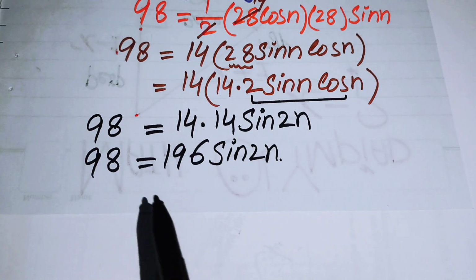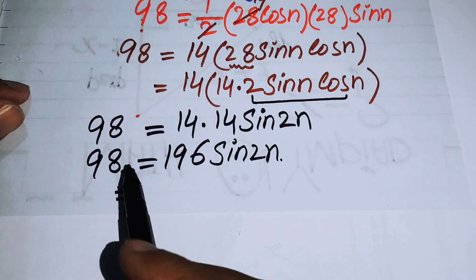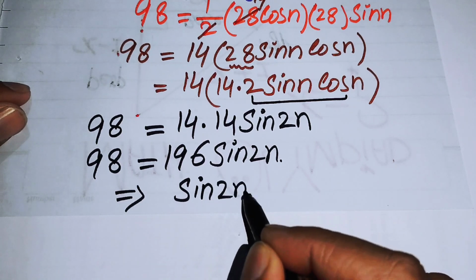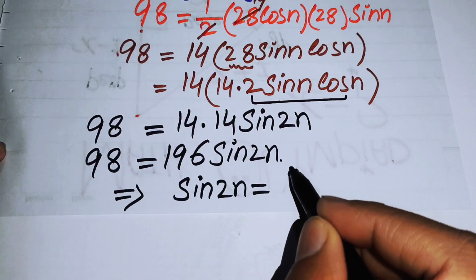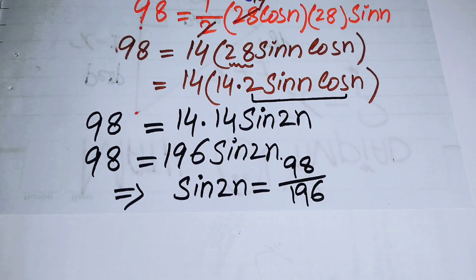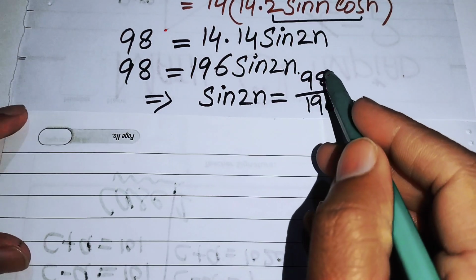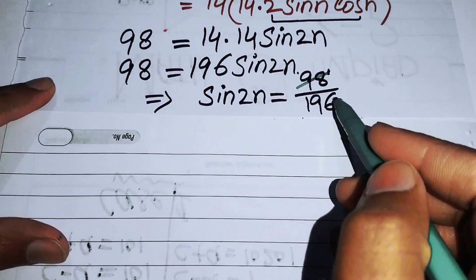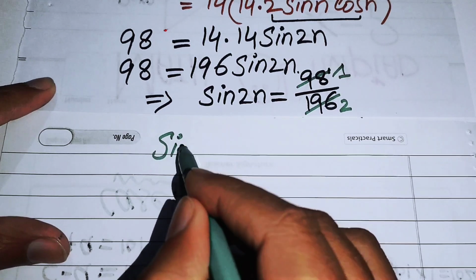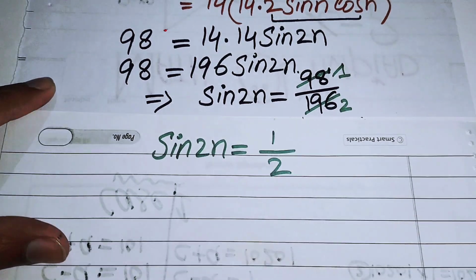In the next step we move this 196 to the right hand side and obtain sine of the angle 2n equals 98 over 196. Simplifying, you know that 98 times 2 is 196, so we get sine 2n equals 1 over 2.